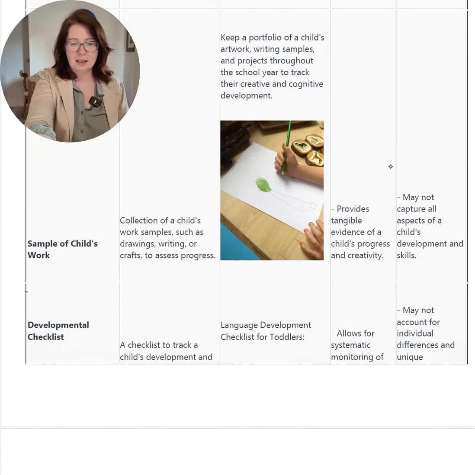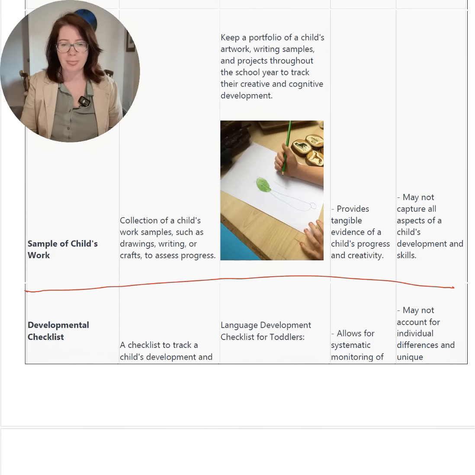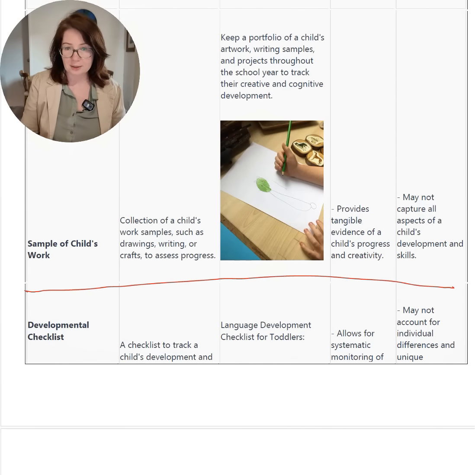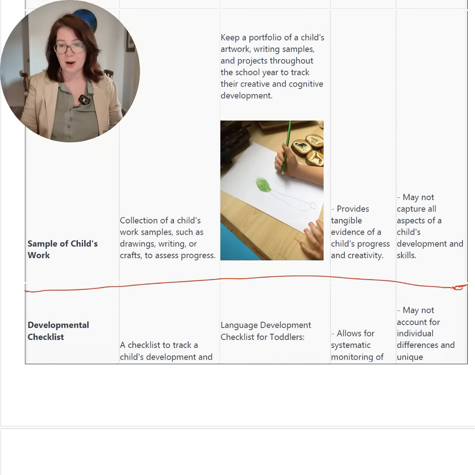Next one is an easy type of observation. Samples of a child's work such as drawings, writings, to assess progress. In services, it's done now, still on paper.